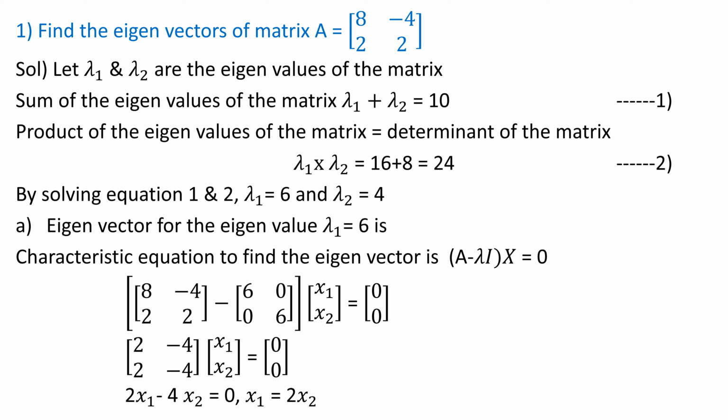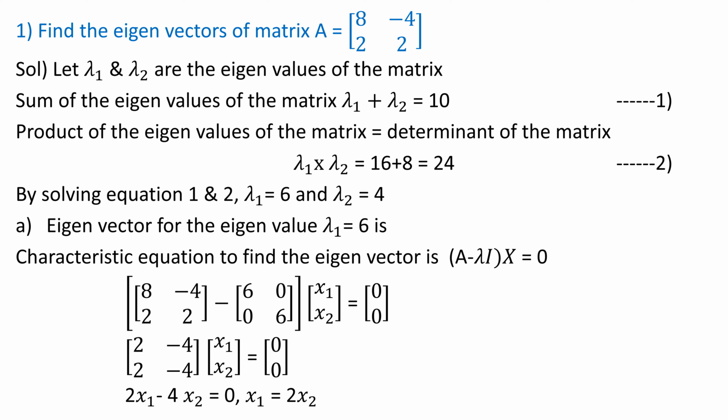And here A is [8, -4; 2, 2] minus lambda into I, which is nothing but 6 into [1, 0; 0, 1], which is [6, 0; 0, 6], into x, which is [x1; x2], is equal to [0; 0]. Now if we subtract lambda I from A, it will be [2, -4; 2, -4] into [x1; x2] is equal to [0; 0].